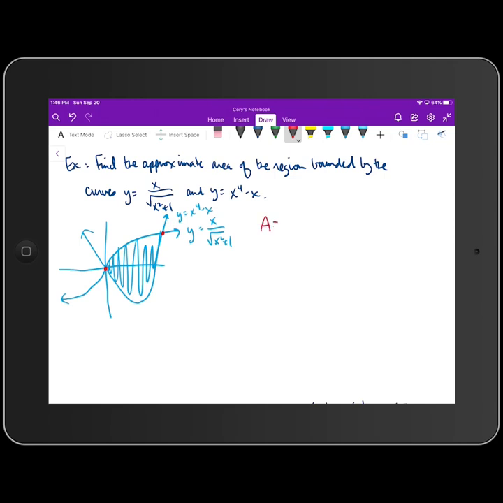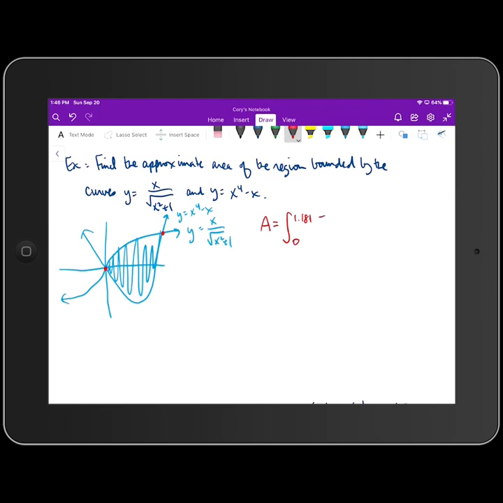So you'd want to take the intersection point that you stored, which I'm just going to round that decimal right now. So it's 1.181. The lower limit of integration is 0.